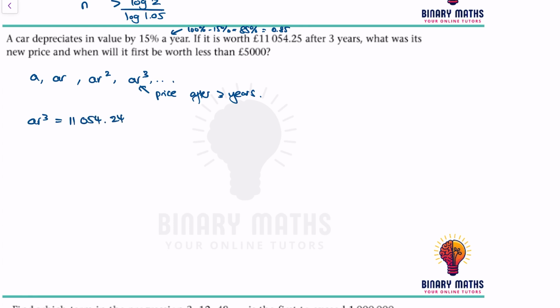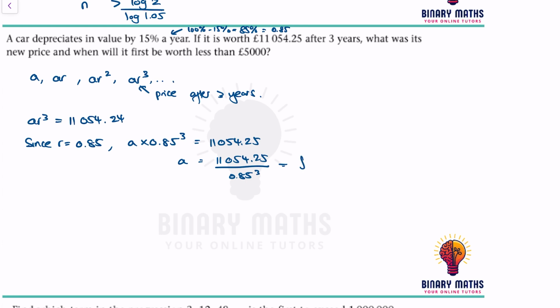But R, the common ratio, is equal to 0.85, that means A times 0.85 to the power of 3 is equal to 11,054.25. So A will be equal to 11,054.25 divided by 0.85 cubed, which gives us a value of 18,000. So it'll be £18,000. If I want to write pound signs everywhere, I'll see it.